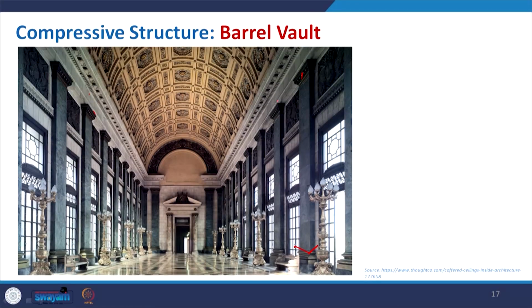Then we will see how different kinds of vaults act together, but considering the compressive force, the maximum of the structural components are dealing with it. So, the barrel vault is one of them, an extended arch form, which transfers the load to the support where there is no tension or maybe very minor tension, somewhere where it is attached or closed.